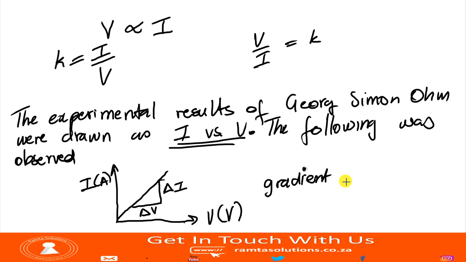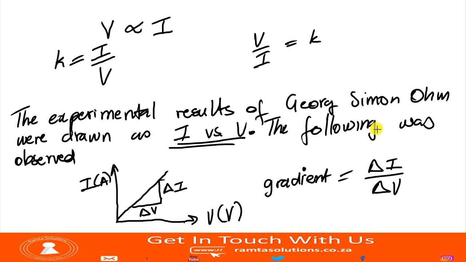When you talk gradient, it will be delta I over delta V, isn't it? Vertical difference over horizontal difference. This is the gradient. And this is what Ohm's law was saying, right? So it says that there will be a gradient. And remember, gradient between 2 points is the same as whatever gradient along the line. Whichever 2 points you choose, the gradient will always be the same.